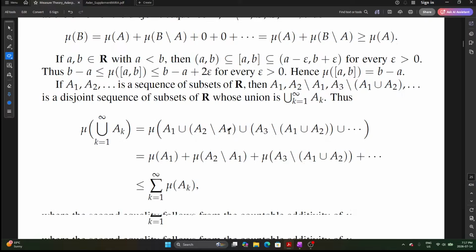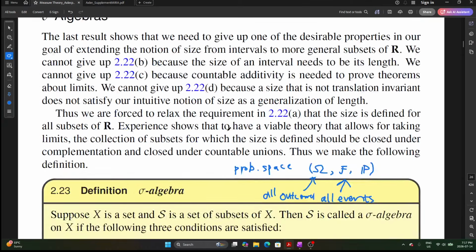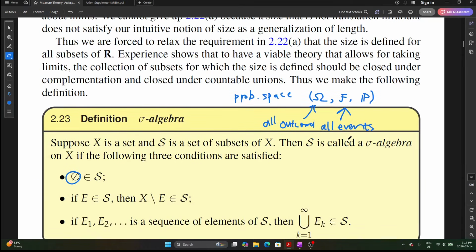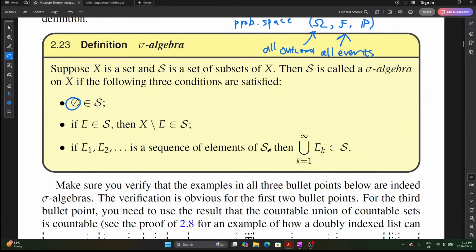So this notion of sigma algebra is all about the domain of a measure, domain as in the domain of a function. Because a measure is a function, it takes a set as an input and returns an extended non-negative real as an output.